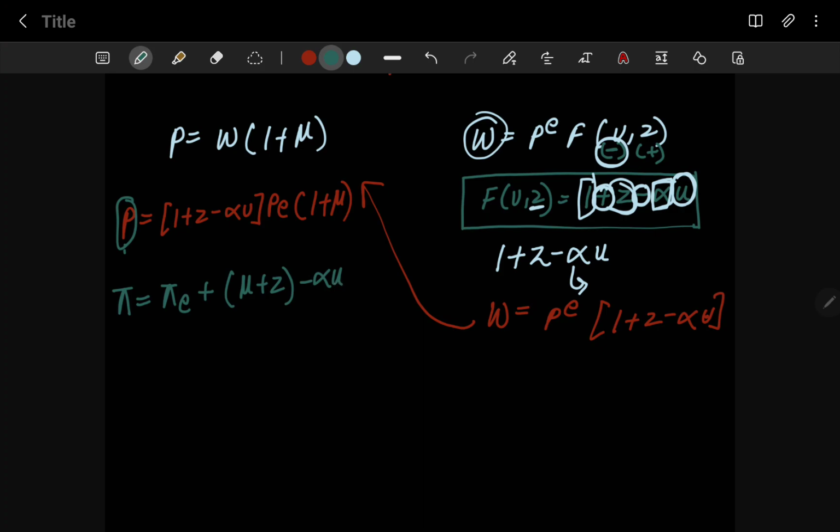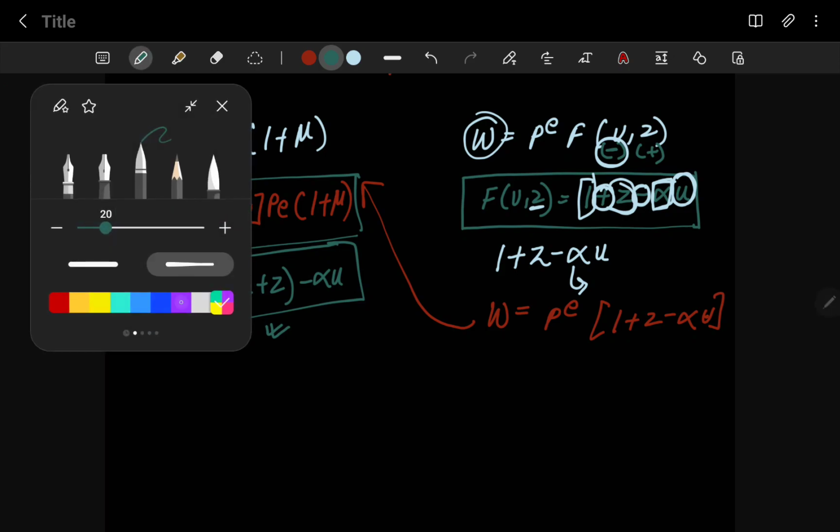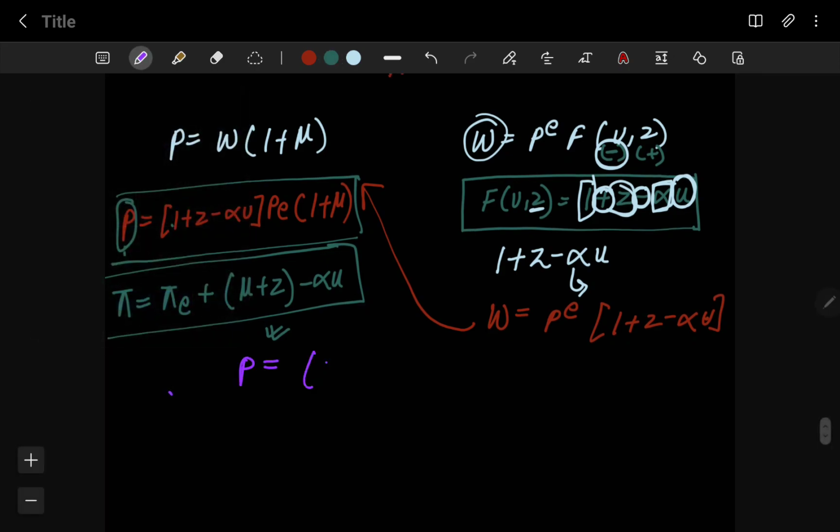Now you may wonder how these two equations are equal. Well, this is not equal. It cannot be equal according to your mathematical equation, and you cannot derive it anyway. But this is based upon the assumption of economic approximations. Another easy way of remembering it: P is equal to PE times 1 plus Z minus alpha U times 1 plus mu, and all you have to do is eliminate the 1. It's not actually the process, but it is just for you to remember the formula.